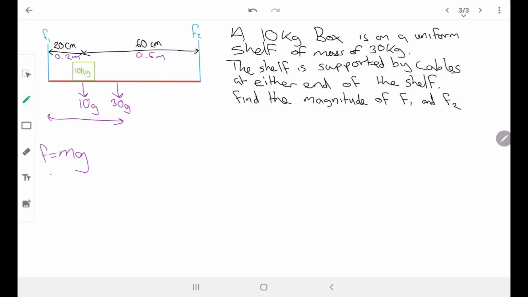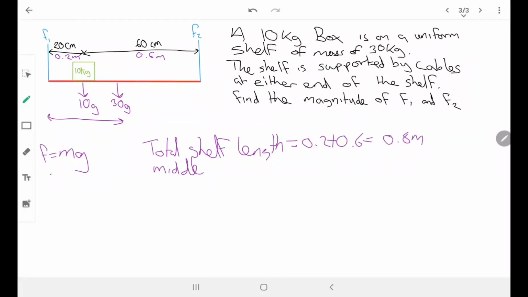So the total shelf length is 0.2 plus 0.6, which is 0.8 meters. And the middle of the shelf is 0.8 divided by 2, which is 0.4 meters. So 0.4 meters is from the F1 to the middle of the shelf.